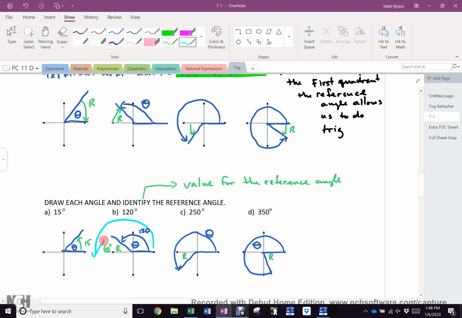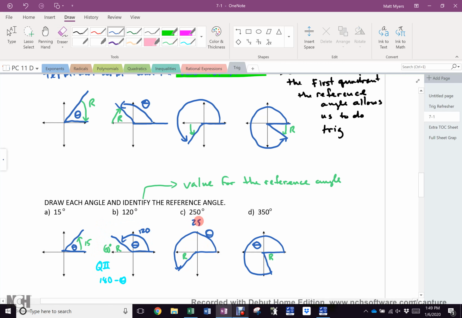But I'm 60 degrees back from 180. Everybody cool? So, if you're in quadrant 2, it's 180 minus theta. Everybody cool?